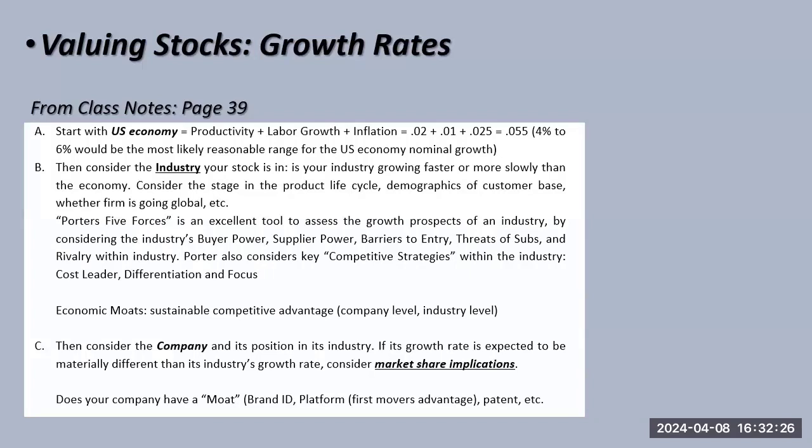Look at someone like Adobe: the buyer power is not all that much because it's pretty dispersed. The supplier is essentially Adobe's employees, the inventors, the software producers. The barriers to entry are pretty high.